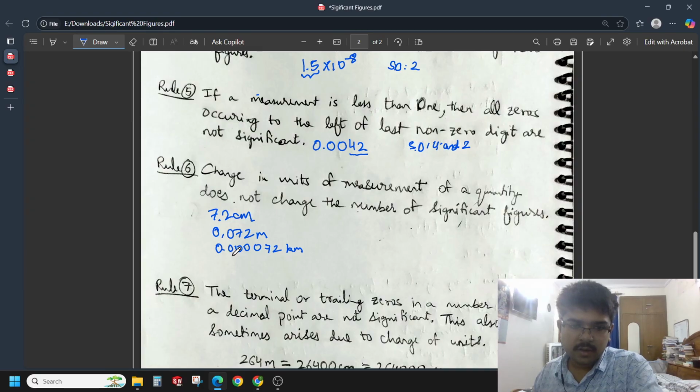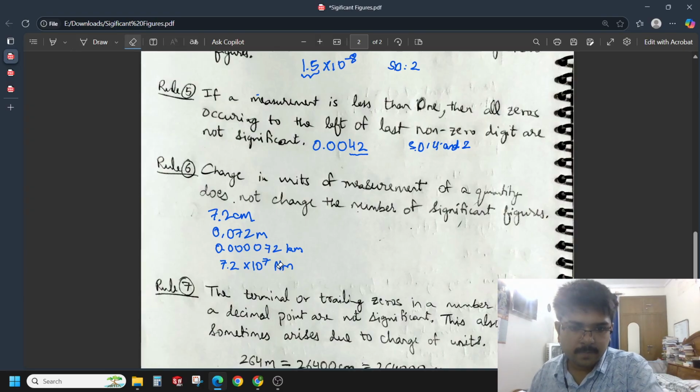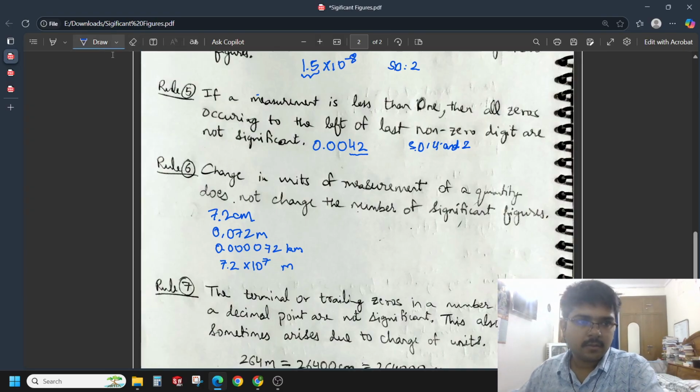In nanometers, it would be 7.2 into 10 to the power 7 nanometer. All these numbers have two significant figures, so the change in units does not change the significant figures.